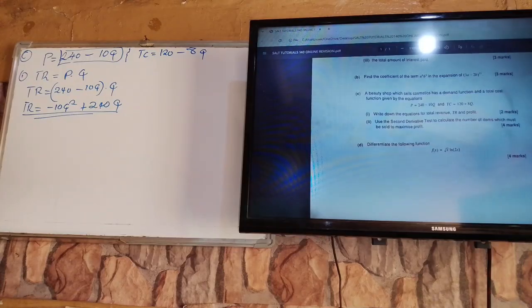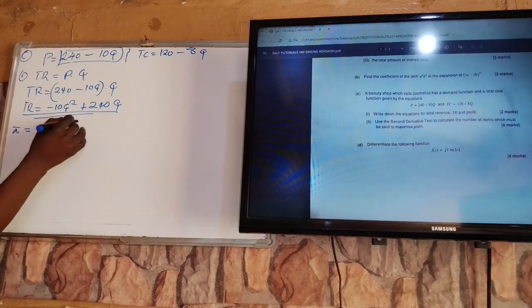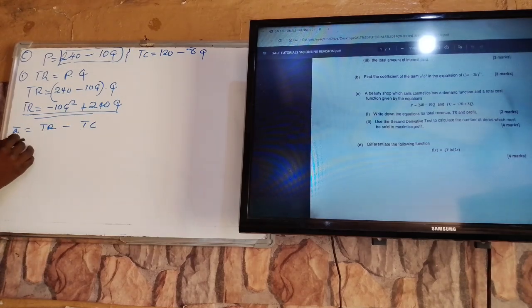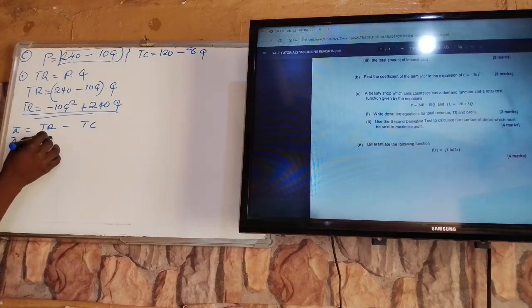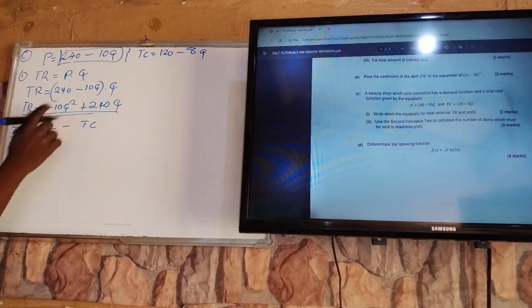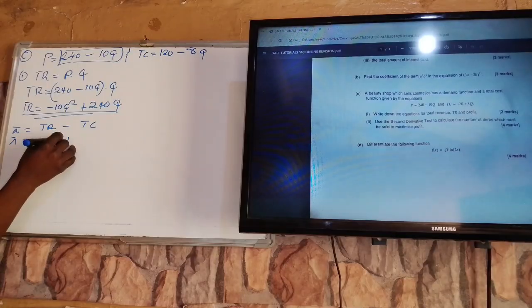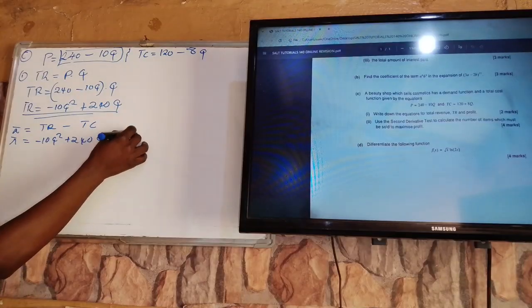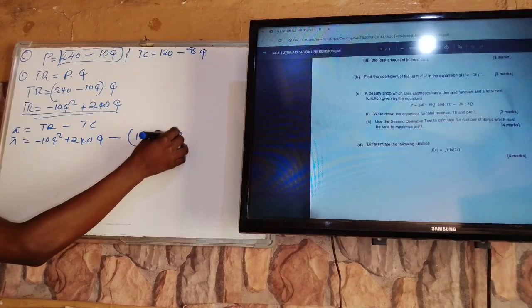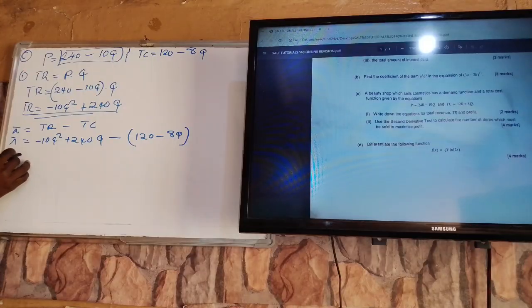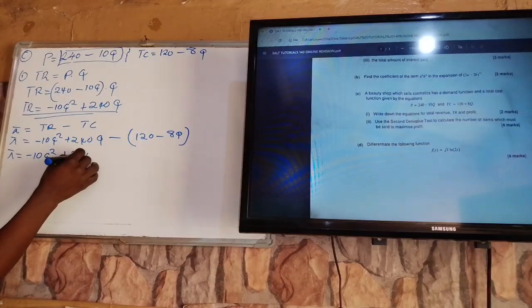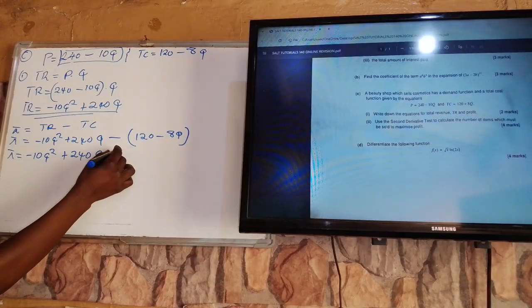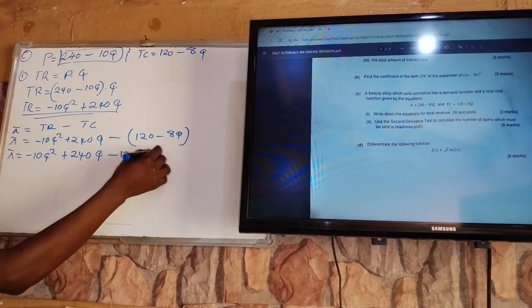So this equation is going to give us the total revenue. If I multiply throughout, I'm going to have negative 10Q squared plus 240Q. That is the total revenue function. And what is the profit function? Profit is basically equal to total revenue minus total cost. So profit equals negative 10Q squared plus 240Q minus 120 minus 8Q, which becomes negative 10Q squared plus 240Q minus 120 plus 8Q.